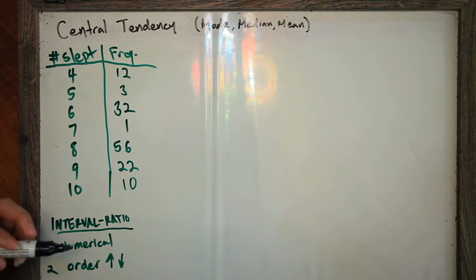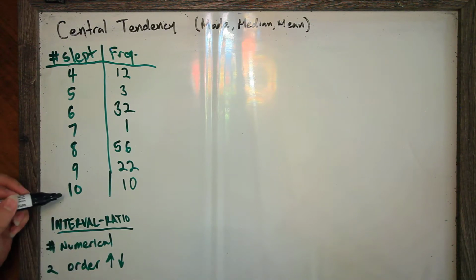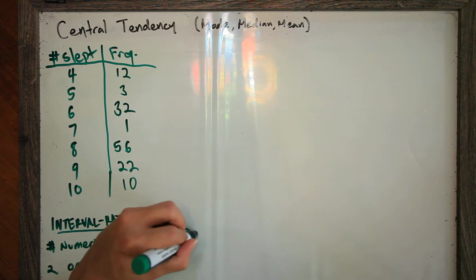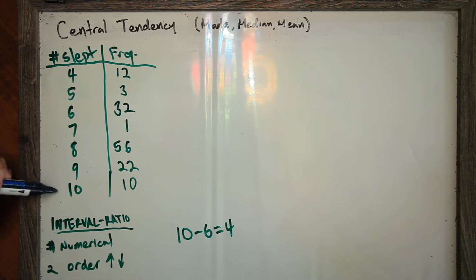And number 3, the final thing you need in order to be interval ratio is we can perform simple math on the numbers, right? We can subtract 10 hours of sleep and 6 hours of sleep. And the difference is 4 hours of sleep. Exactly. We know exactly the difference between somebody who gets this much sleep and this much sleep, right?